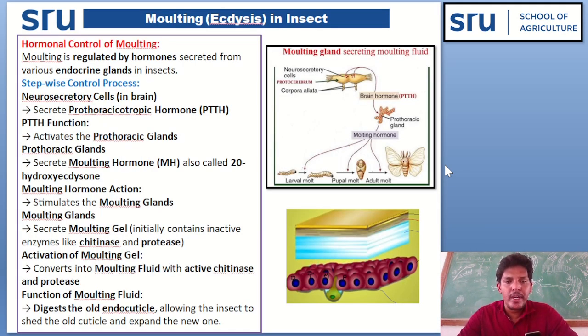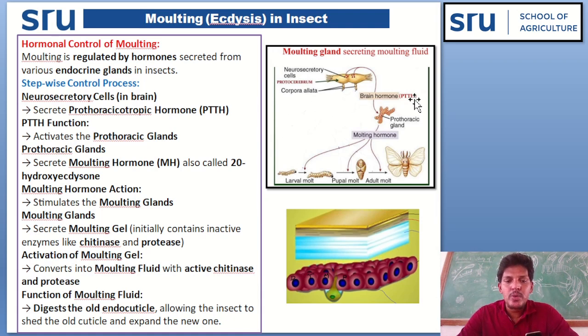Hormonal control of molting. Molting in insects is regulated by hormones which are secreted from various endocrine glands in the insect. See here the stepwise control process. Neurosecretory cells are there in the brain. These neurosecretory cells secrete brain hormone, that is PTTH, prothoracicotropic hormone.